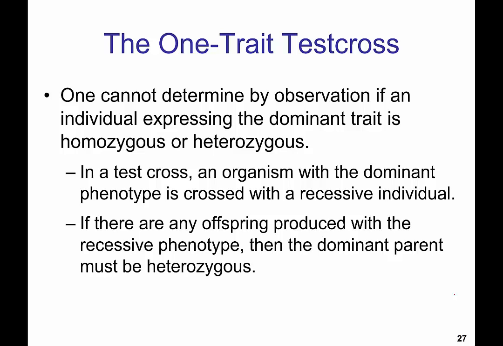A test cross is designed to determine that genotype since it's unknown. In a test cross, an organism with the dominant phenotype is crossed with the recessive individual. This is because the recessive individual has a known genotype. If there are offspring produced with the recessive phenotype, then the dominant parent must be heterozygous. Let's look.